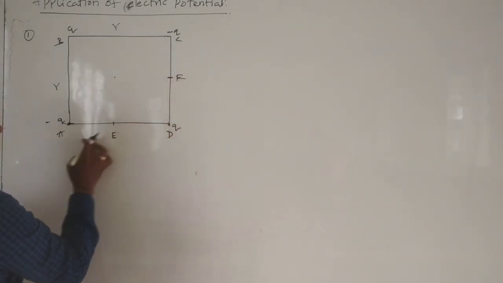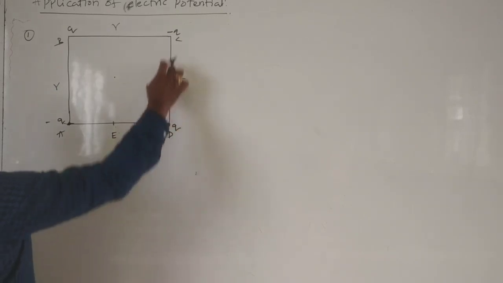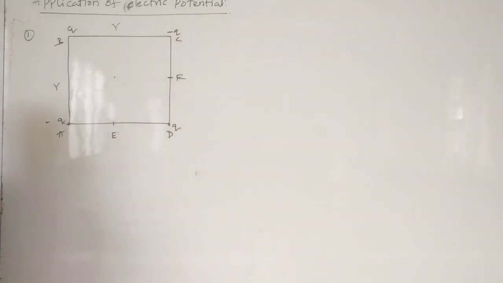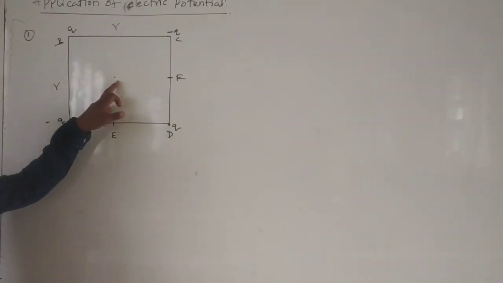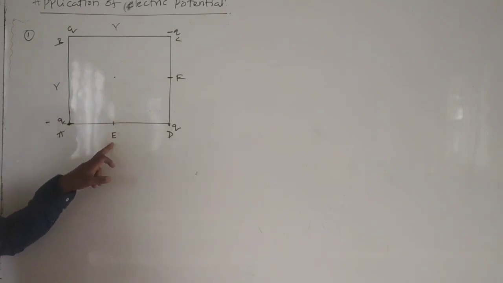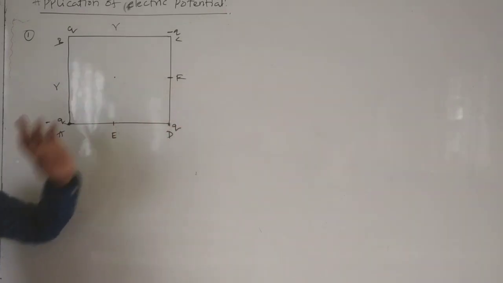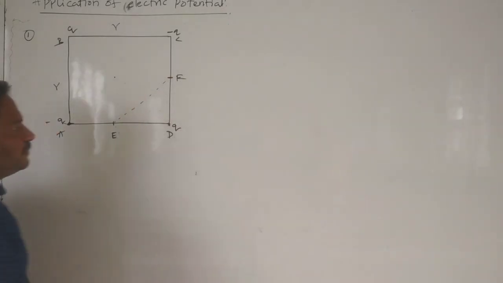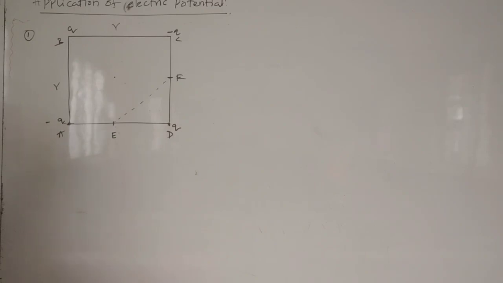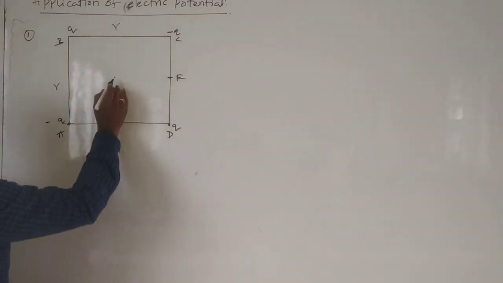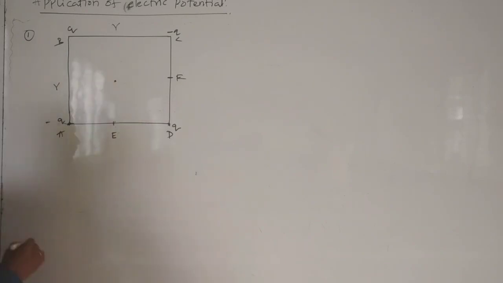This is the midpoint of AD, this is the midpoint of CD. So what we have to find? First the potential at the center. What is the work done in moving a charge from E to F? When we move from E to F, what is the work done? First we are going to calculate the potential at the center.